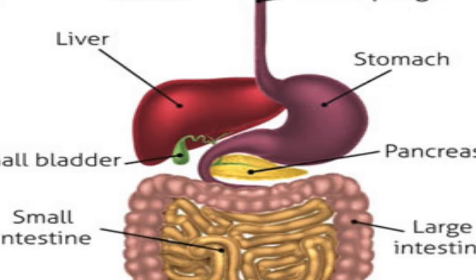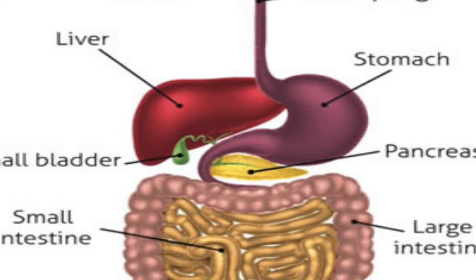So the acidic chyme is neutralized, and after that the pancreatic juice, which contains three enzymes called trypsin, lipase and amylase, starts working on the food.